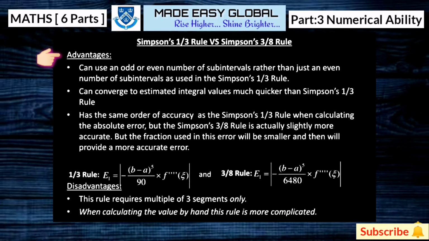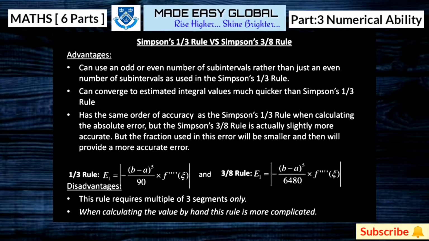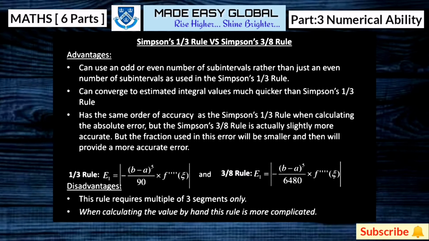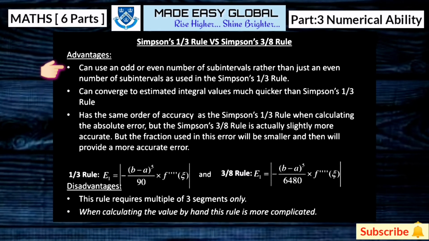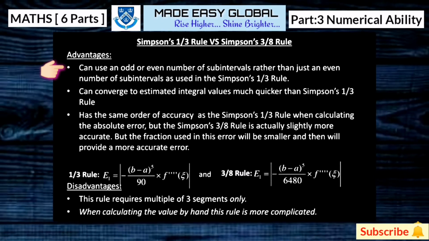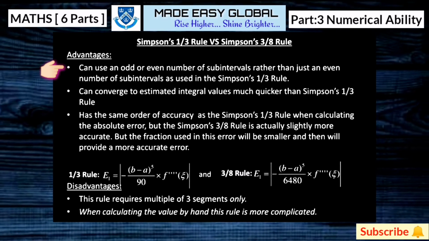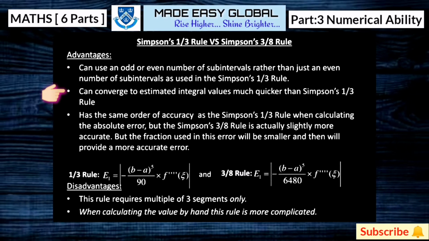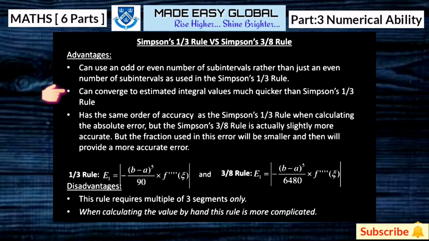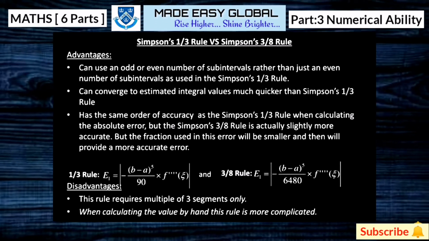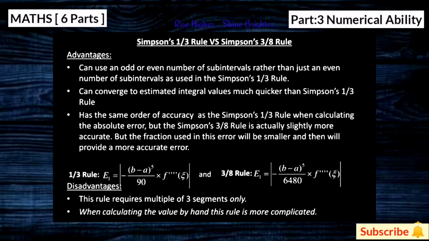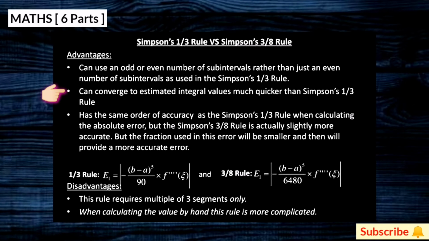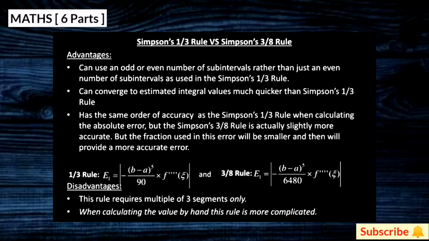Here first one is advantages. It can use an odd or even number of subintervals rather than just an even number of subintervals as used in the Simpson's 1/3 rule. So here the 3/8 rule's advantages are given. Then it can converge to estimated integral values much quicker than Simpson's 1/3 rule.